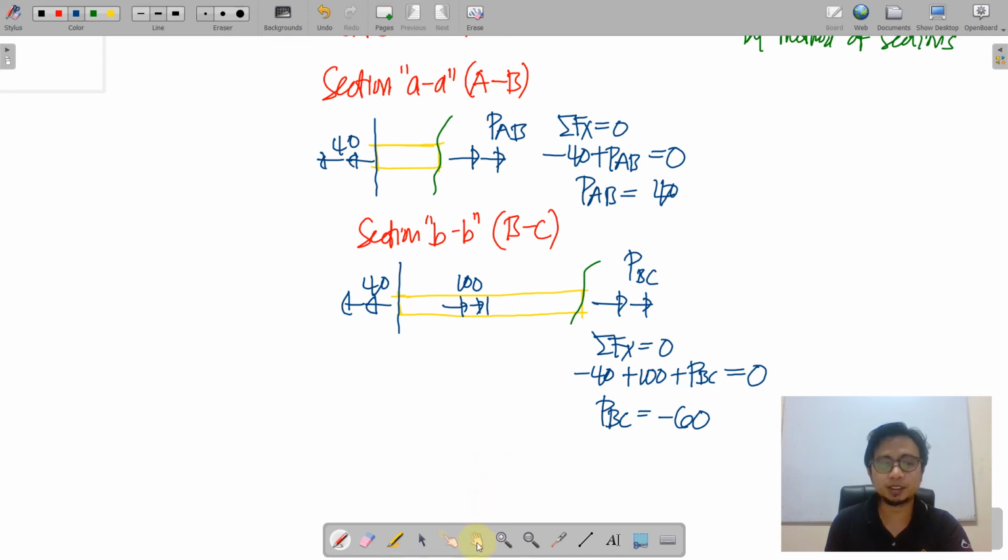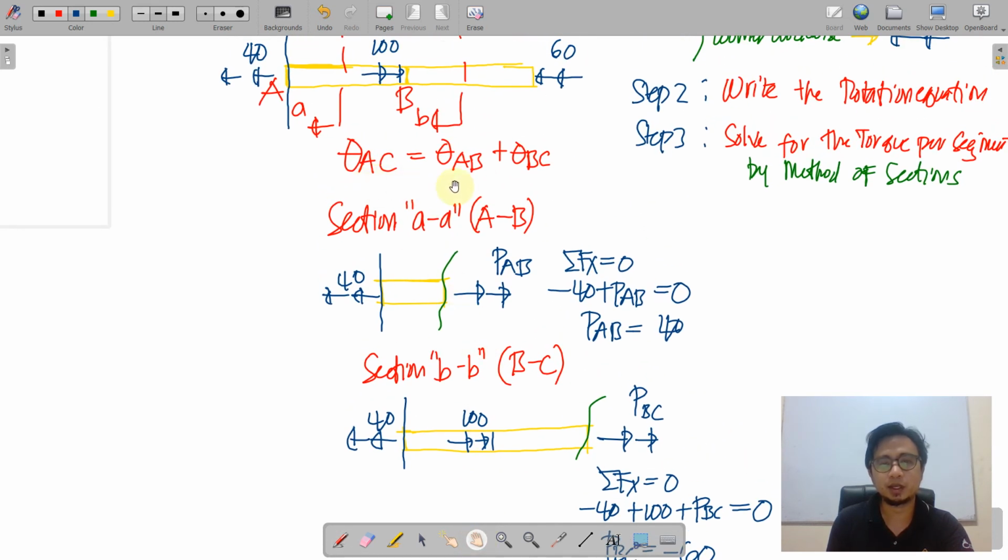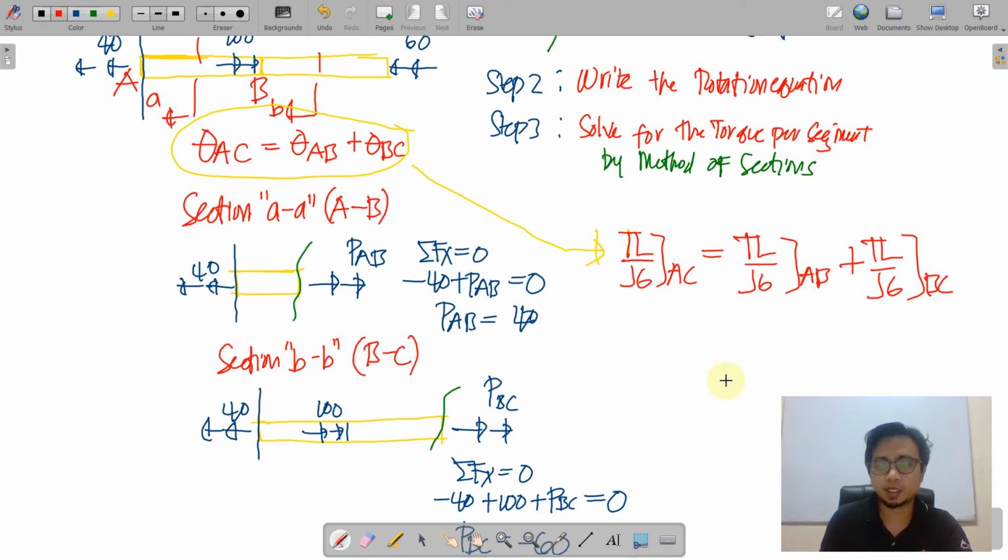And for the last step, of course, we are going to go back to our equation. We just expand this to its formula, that is the angle of twist is equal to TL over JG. So depending on the unknown in the problem, these are the steps in solving problems in torsion.